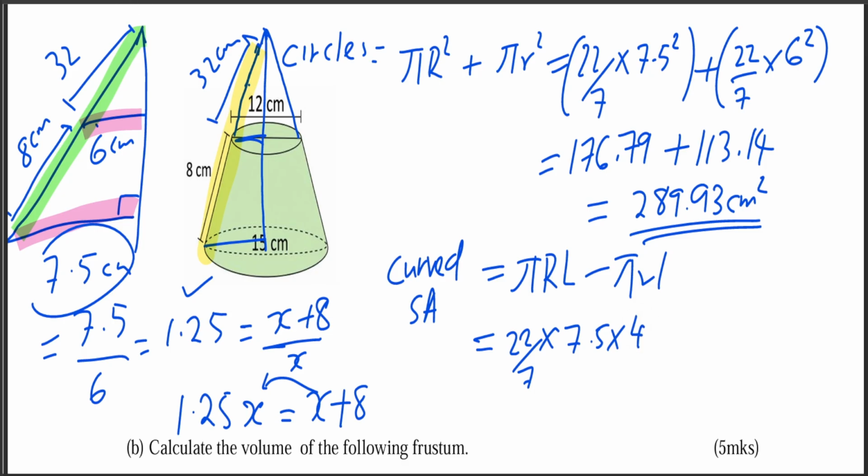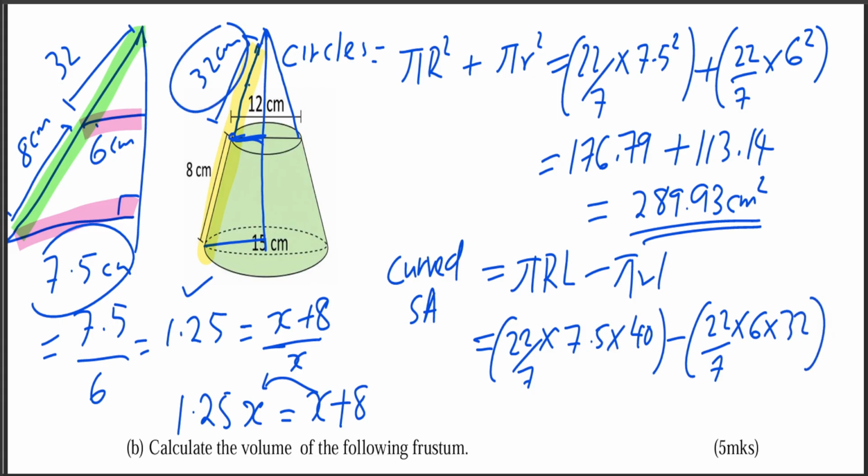So times 40 in bracket minus 22/7 times small radius, which is 6. Remember, the small radius at the top is 6 times the small slanting height, which is 32 centimeter. Now slant height of the small one is 32.